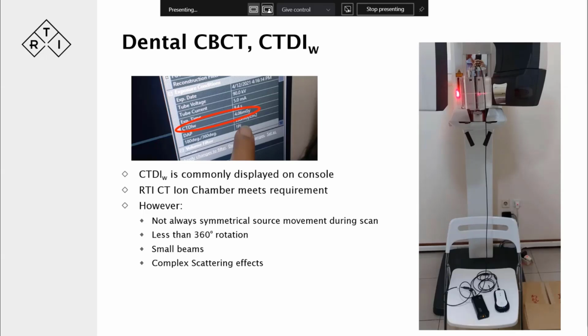So that's why it may not be the most effective way or the best way of working with quality assessment in dental. But if customers insist and they want to measure CTDI in a dental environment, fine, we can supply them with the ion chamber, and that'll be all they need to fulfill that standard.